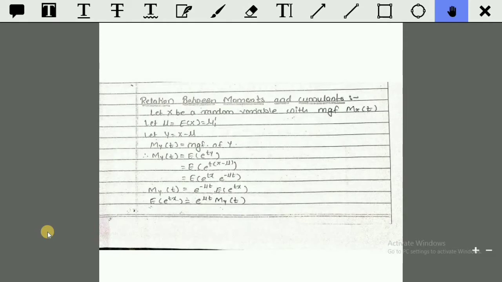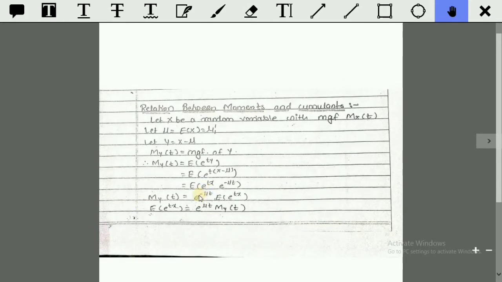Expectation of e raised to tX is equal to this. e raised to minus mu t goes that side, so it becomes positive. So expectation of e raised to tX is equal to e raised to mu t into MGF of Y.